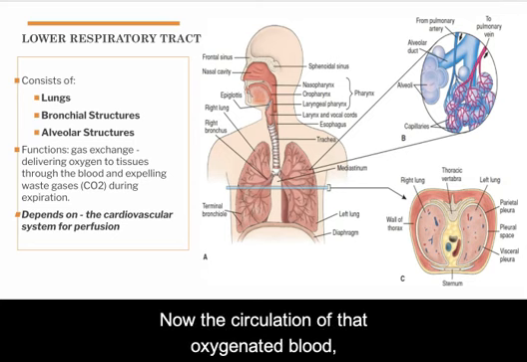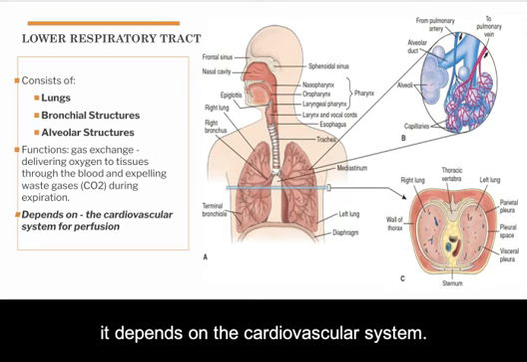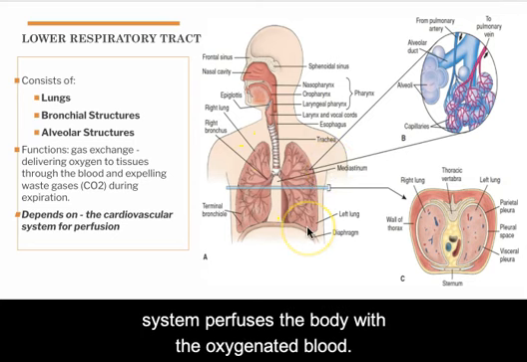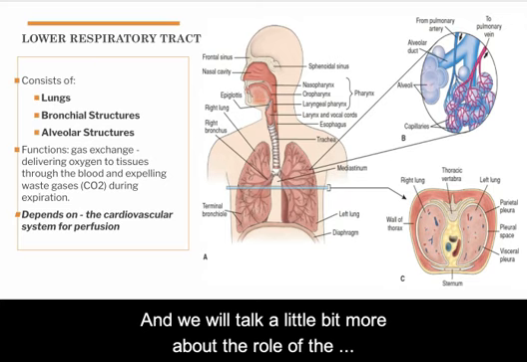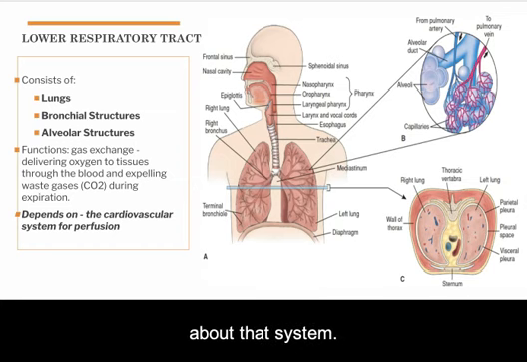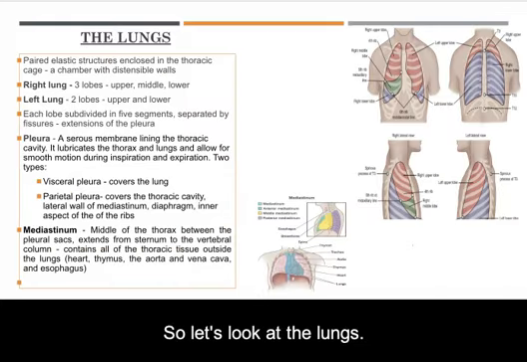Now, the circulation of that oxygenated blood depends on the cardiovascular system. So the lungs oxygenate the blood, and the cardiovascular system perfuses the body with the oxygenated blood. We will talk a little bit more about the role of the cardiovascular system next week when we are talking about that system.